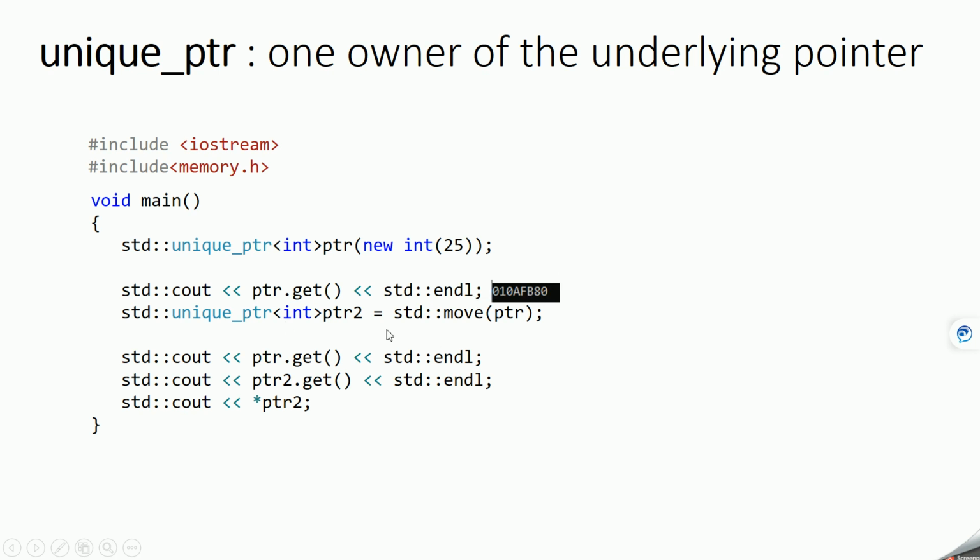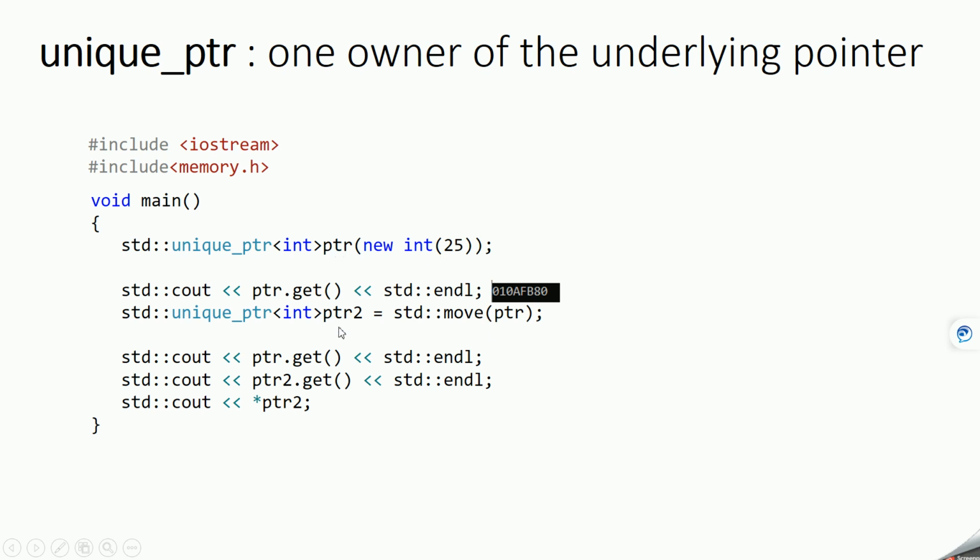Suppose this line is printing this address, and next we are creating another pointer, ptr2, and initializing this ptr2 with the already existing pointer.